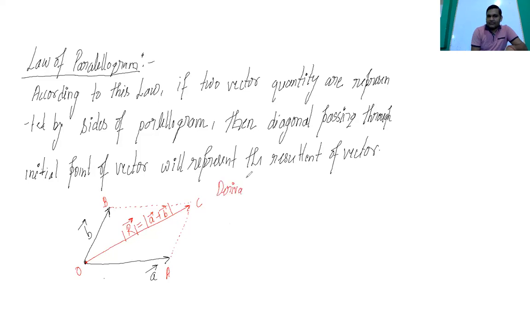For the derivation, what can we do here? Draw a perpendicular from C to the extended line OA. So we can just extend this line and draw the perpendicular from here.